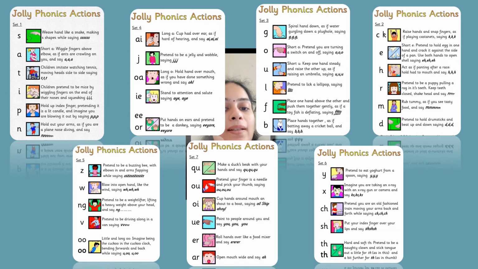In a similar way, we tell them that t is the sound of the alphabet T. Similarly with the other actions and sounds, we have to teach the kids.